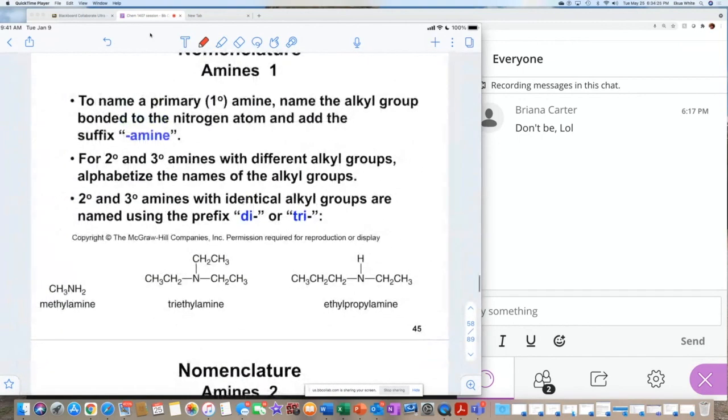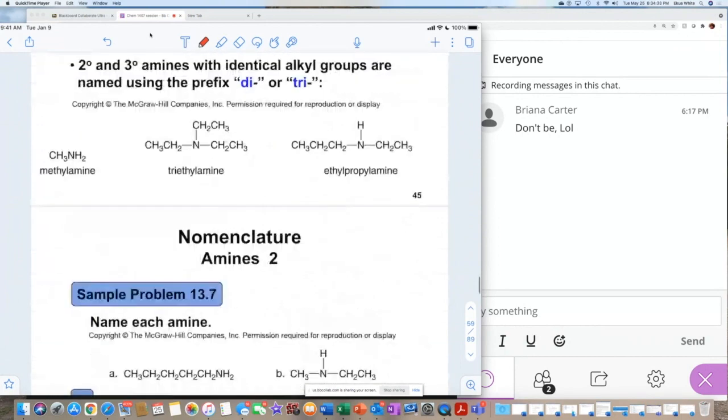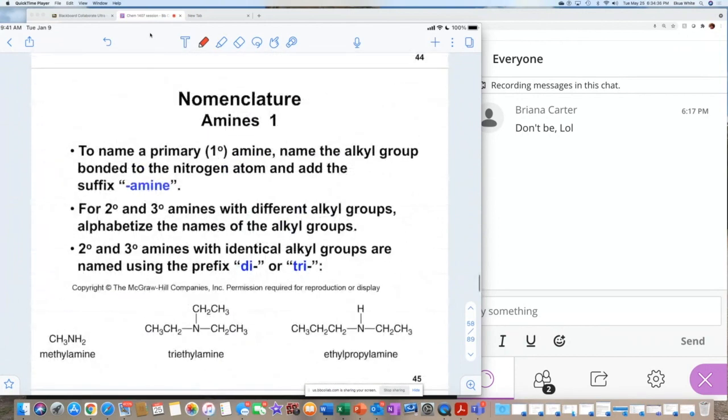Now we're looking at how do we name amines? When it comes to naming amines, we use this nomenclature. We're told to name primary amines, name the alkyl group bonded to the nitrogen atom and add the suffix amine.